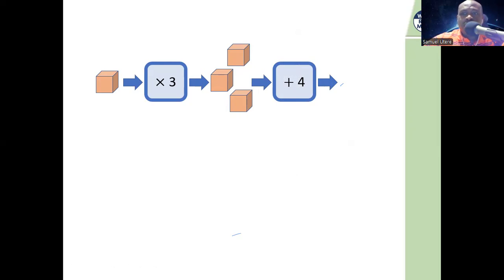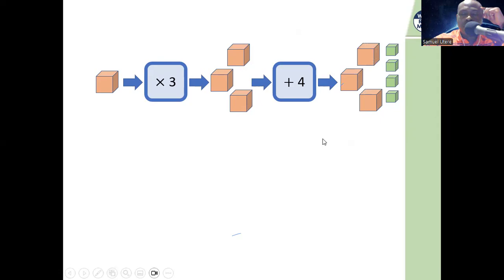So what if we say, let's use small green blocks to represent 1. It means if we're adding 4, we're going to be adding 4 green blocks. That means our result will be 3 blocks plus 4 green blocks.